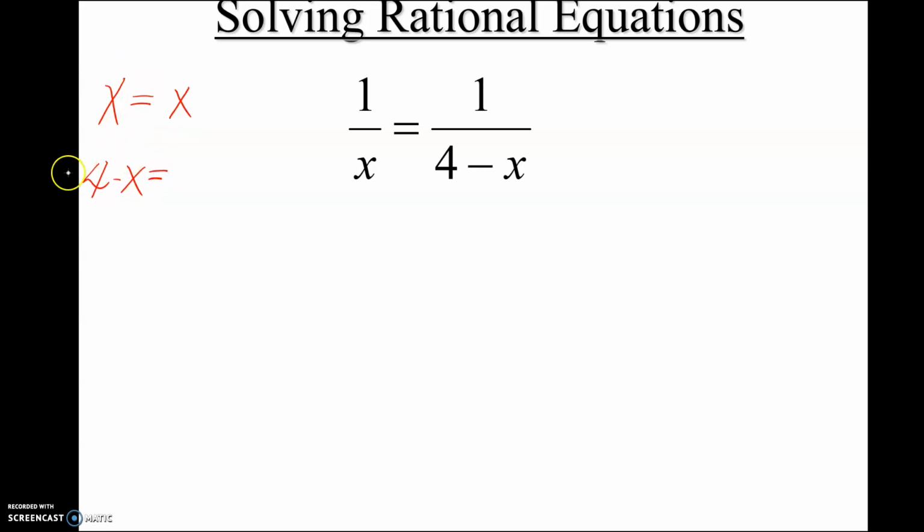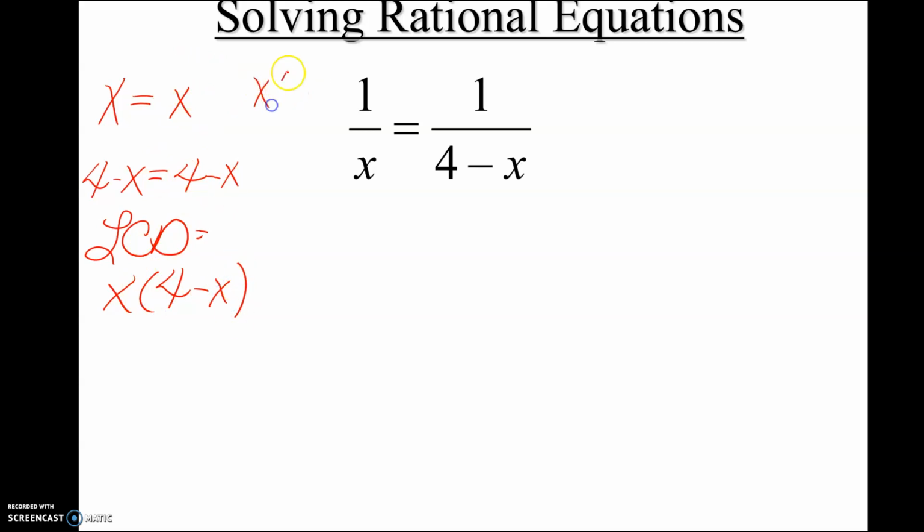And I can't factor anything out of both these terms, so its factor is just 4 minus x. So my LCD is x times 4 minus x, because this needs a factor of x, and this needs a 4 minus x. So I'm going to multiply this by x times 4 minus x, this by x times 4 minus x.